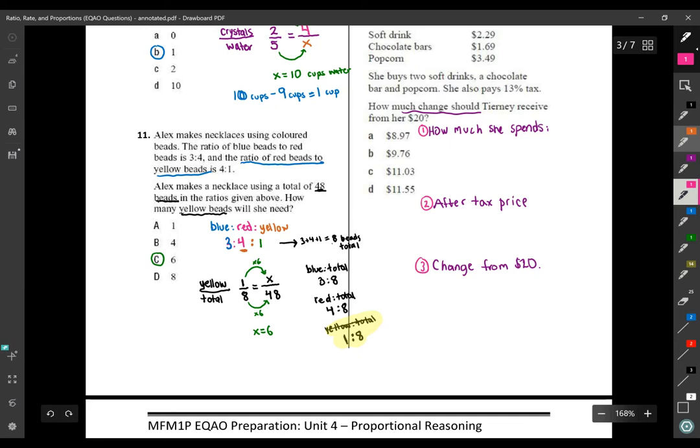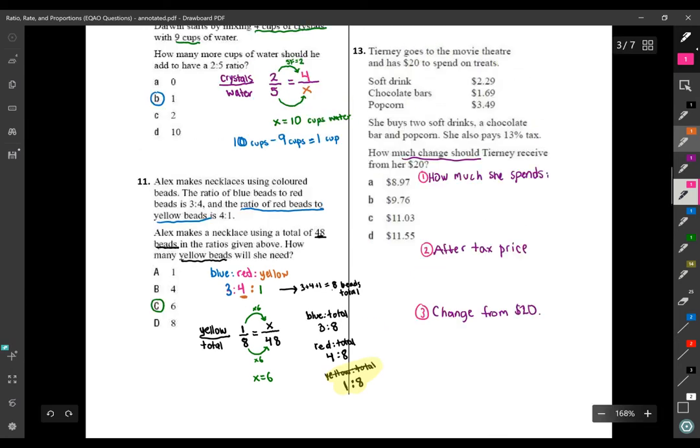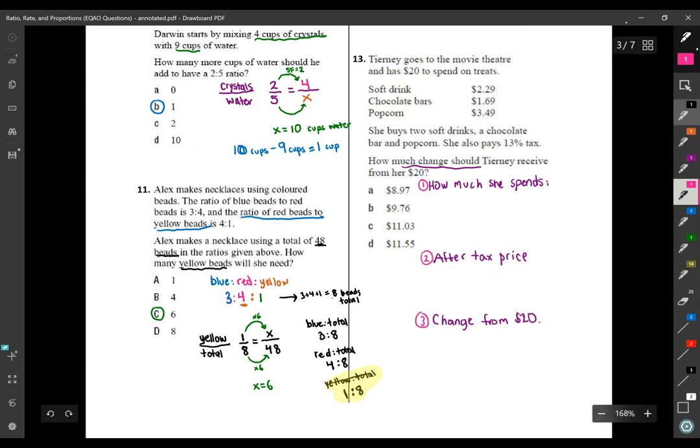To figure out how much she spends, we need to add up all of her costs. She's going to buy 2 soft drinks, so I have to multiply the price of a soft drink, $2.29, by 2. She also buys 1 chocolate bar, that's another $1.69.